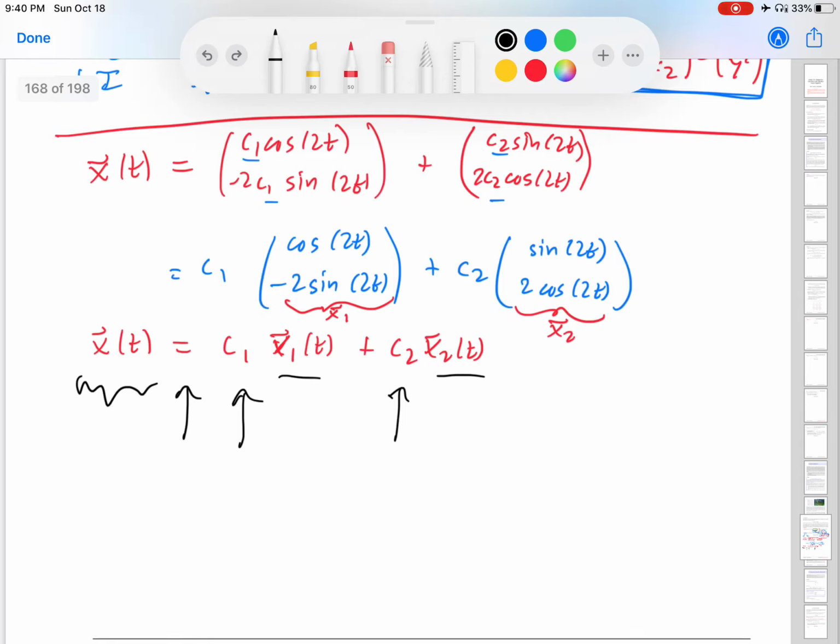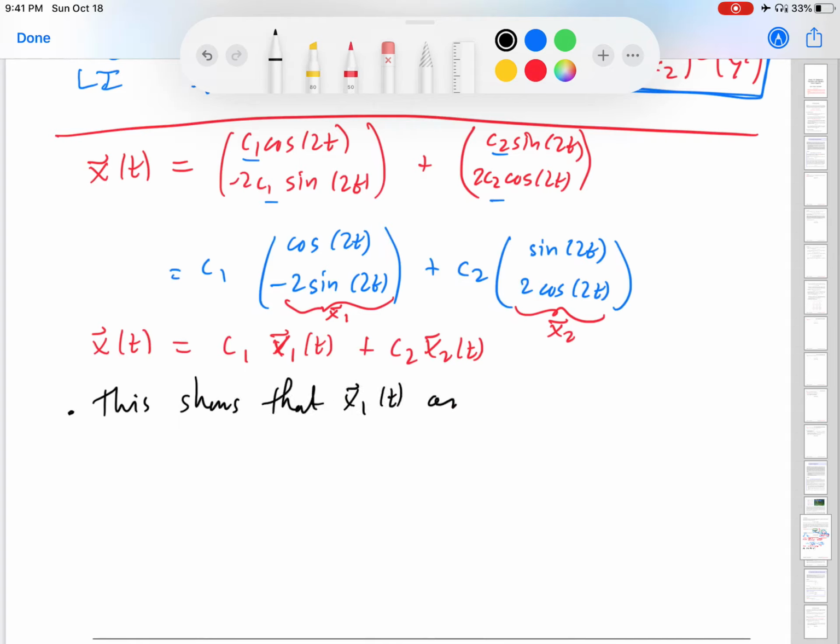So with your linear algebra hat on, that tells us that x1 of t and x2 of t span V. So I'll write that here. This shows that x1 of t and x2 of t span V. Okay, so that's nice. We are halfway done to proving that they are a basis.